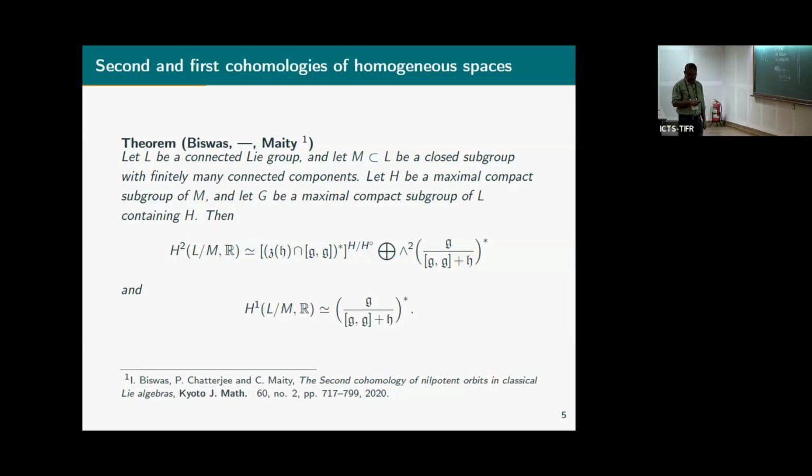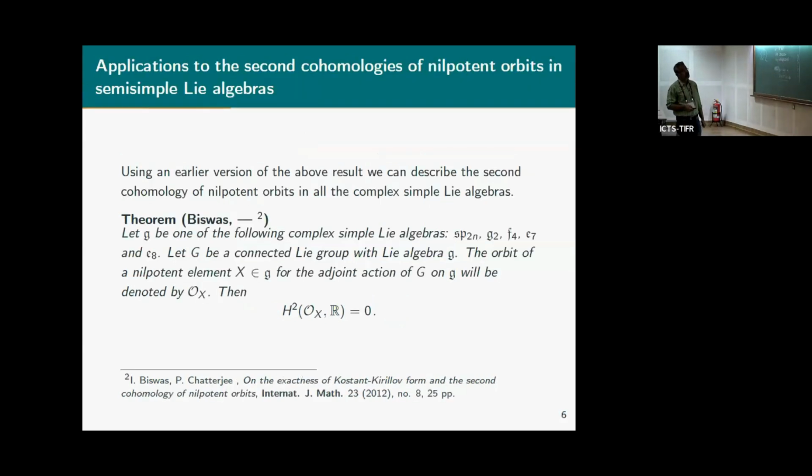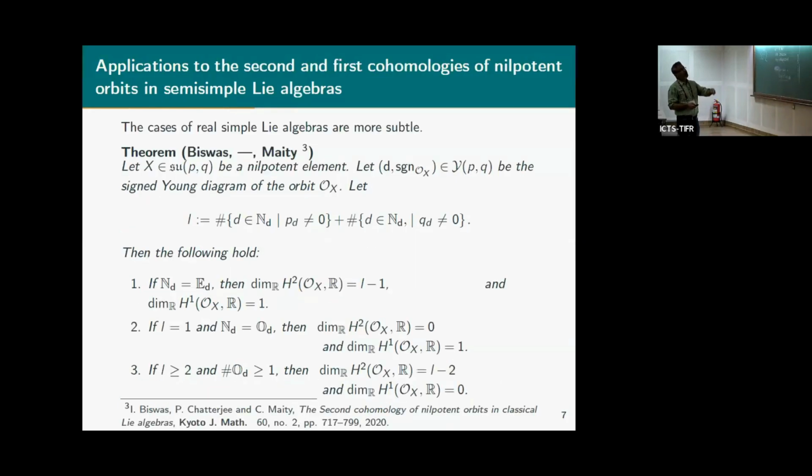And we have used this result to compute the second cohomology group of nilpotent orbits in complex semisimple Lie algebras, and we have this vanishing result. If you take the exceptional ones, sp2n and so on, you get such a result. This is using a previous version of the result that we just now did. Also you can use it for the real semisimple Lie algebras, which is more subtle than the complex ones.